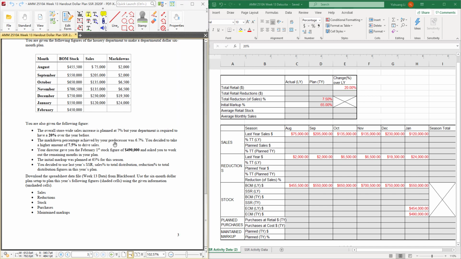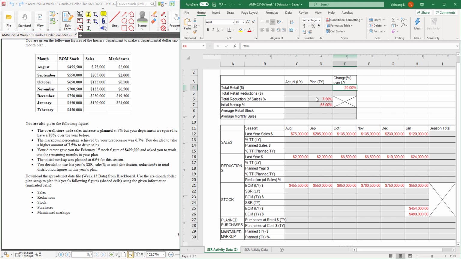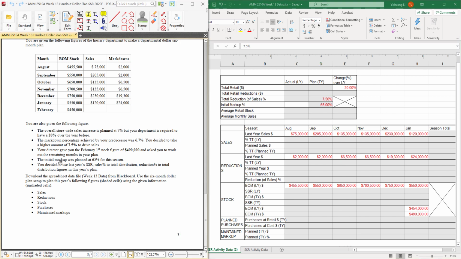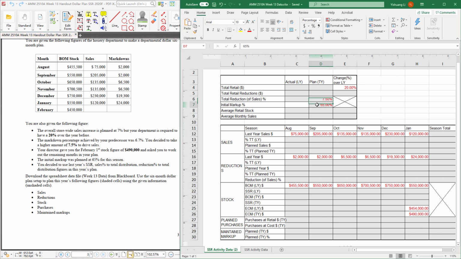And next, this year we are going to make 7.5% of markdowns, and this number 7.5 is the reduction percent of the sales, which is here. And also it says here the initial markup percentage is planned at 65%, which is here 65%.